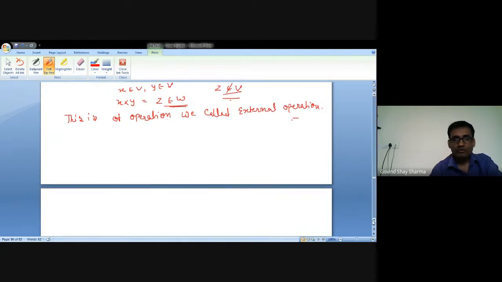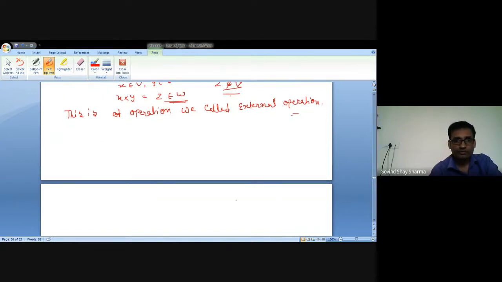Now we come to our main topic, vector space. What is a vector space? This is the definition of vector space.